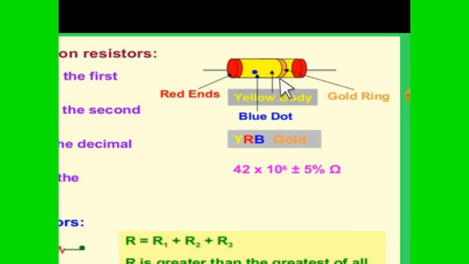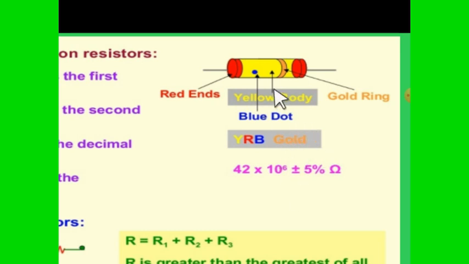Similar to the previous one, the color of the body gives you the first digit, the color of the ends gives you the second digit, the color of the dot on the body gives you the multiplier, and the color of the ring represents the tolerance of that resistor.